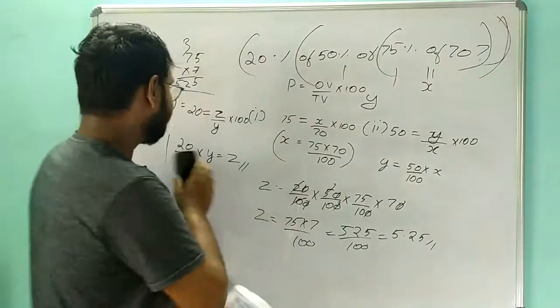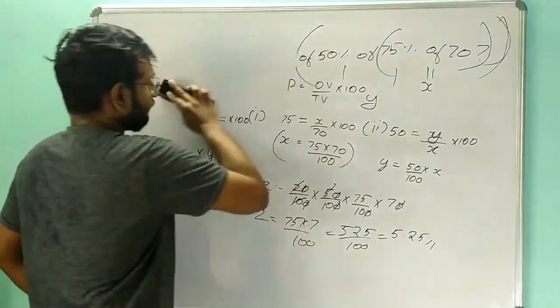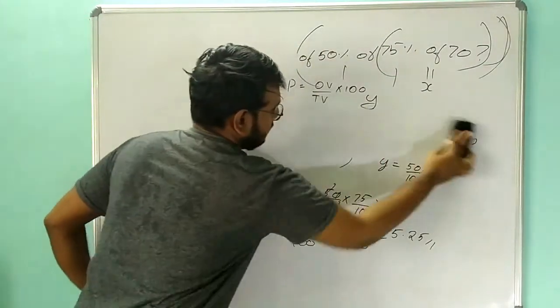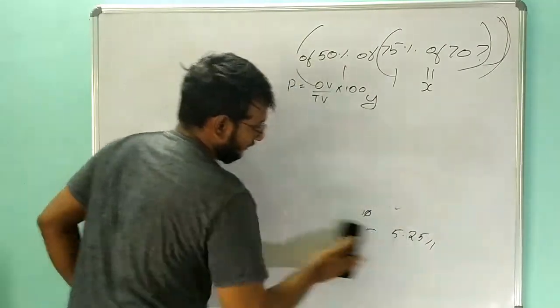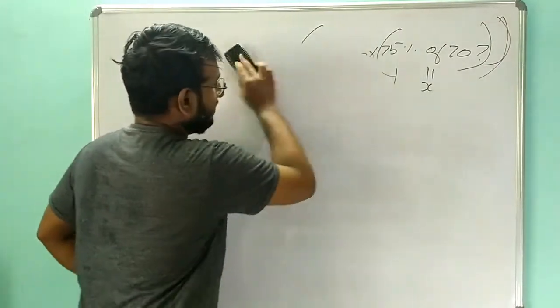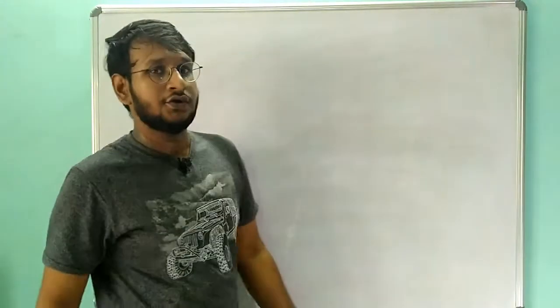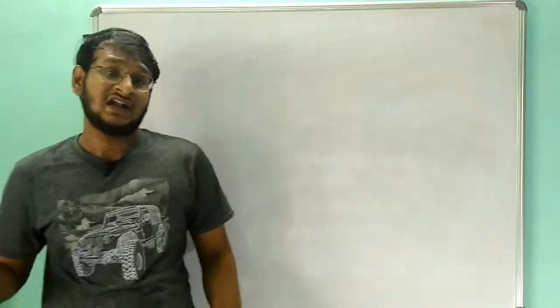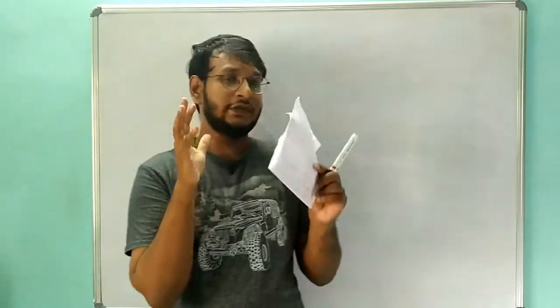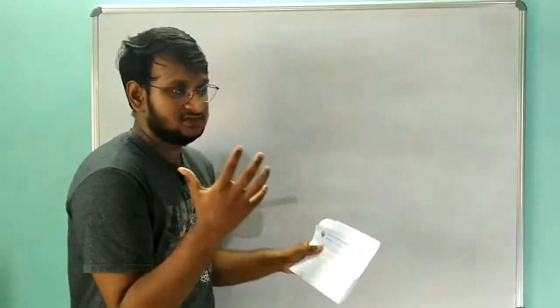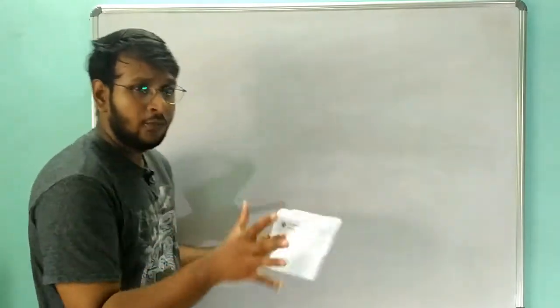So now we are going to see another formula, okay? We have seen one simple formula, that is percentage is equal to obtained value divided by the total value into 100. Now we are going to learn another formula, okay? This formula will be used in circumstances where the price of a commodity is increased.